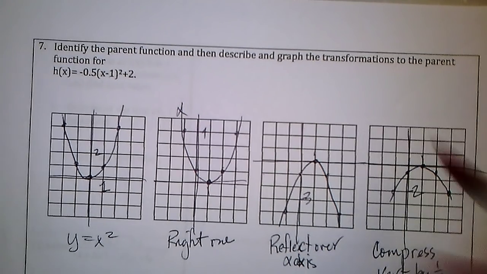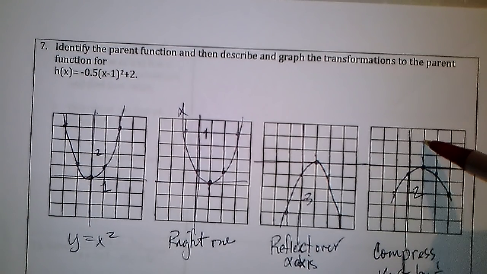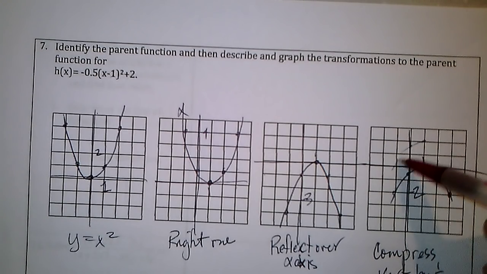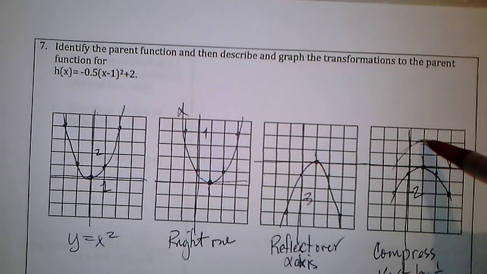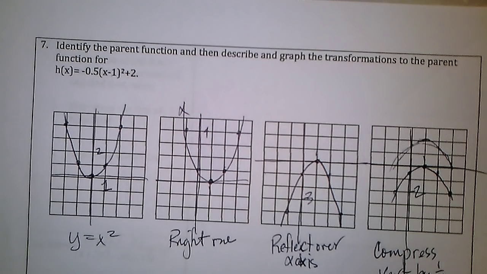And then I would need one more to do plus 2. And since I don't have another one here, it would be plus 2. It would go from there to there. So I'll put it on here. Then say up 2.